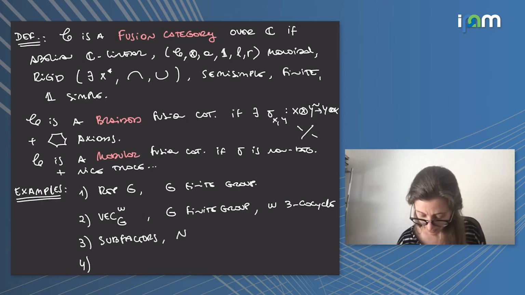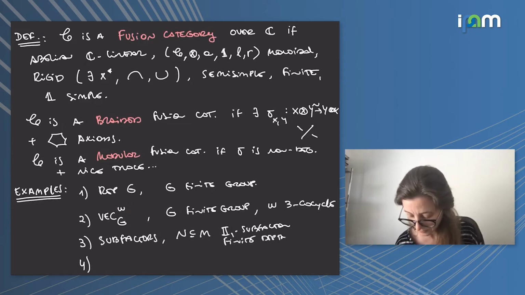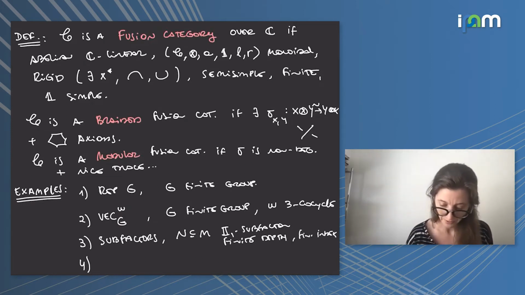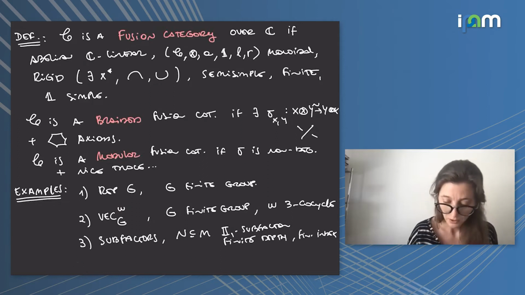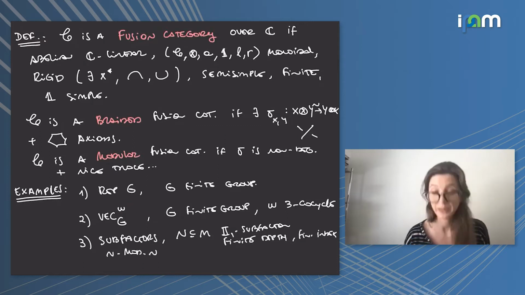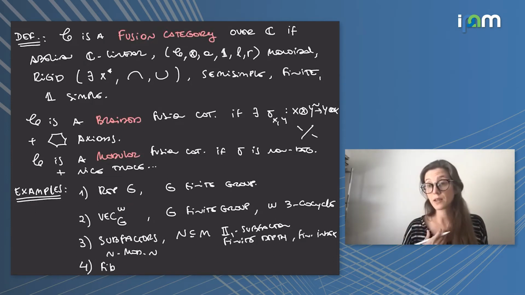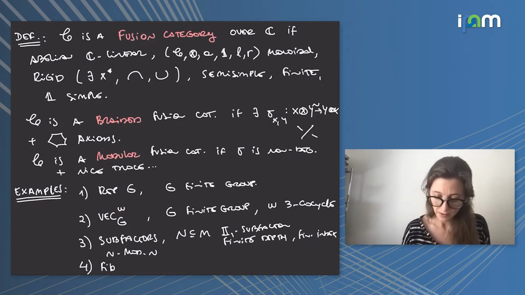If we have a nice subfactor that has finite depth and finite index, then we can look at the category of N-N bimodules, and we will get a fusion category here.